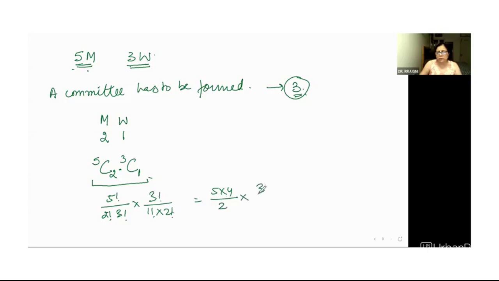Here 2 factorial got cut, we have only 3 and 1, right? 2 2s are 4, 5 4s are 20... 5 2s are 10, 3 10s are 30. We can form such a committee in 30 different ways, in which we have 2 men and 1 woman. Out of these 5 men, and since 'and' is there, I have multiplied these 2 factorials, right? So this way we can form a committee.